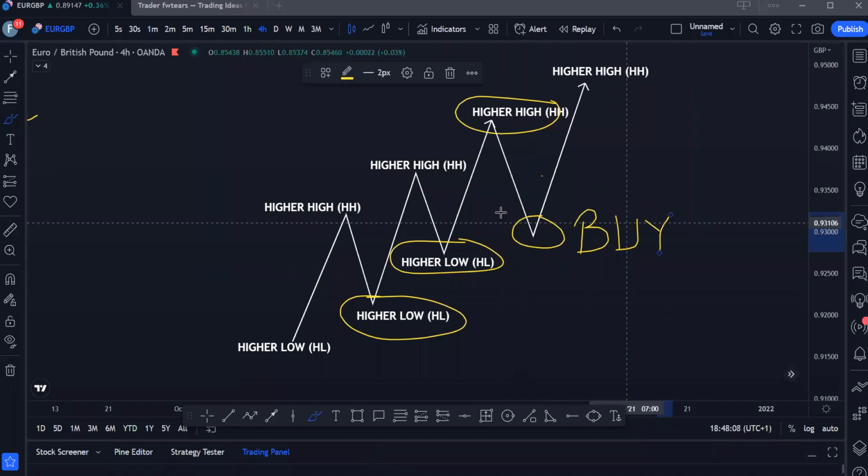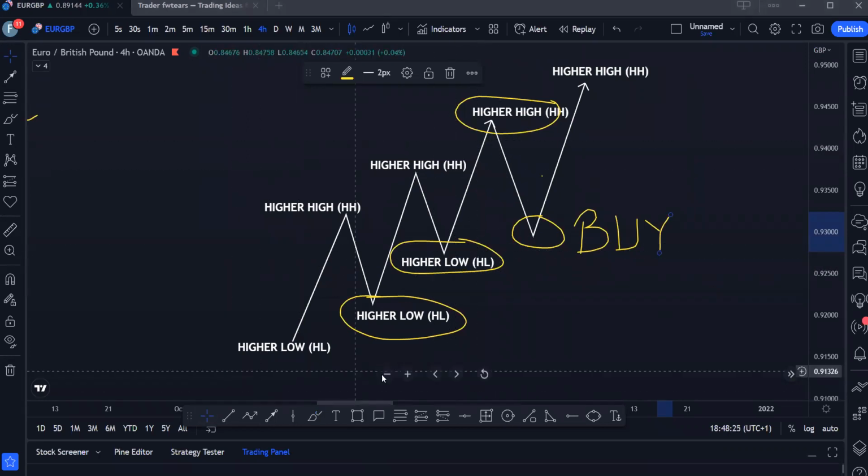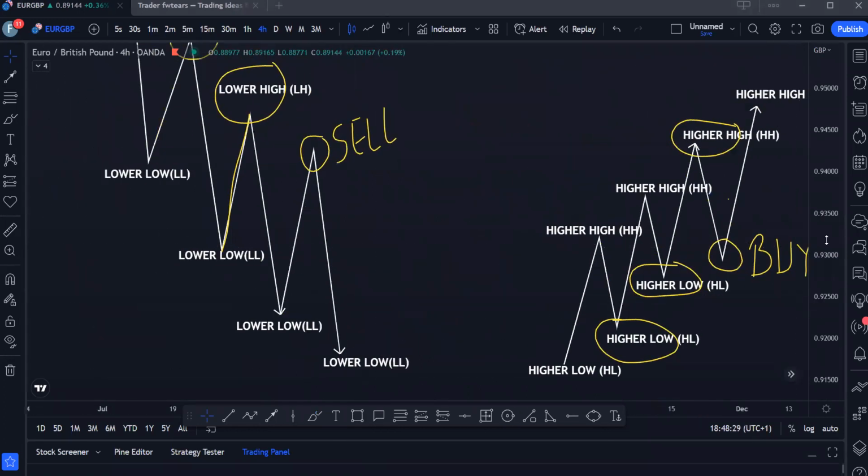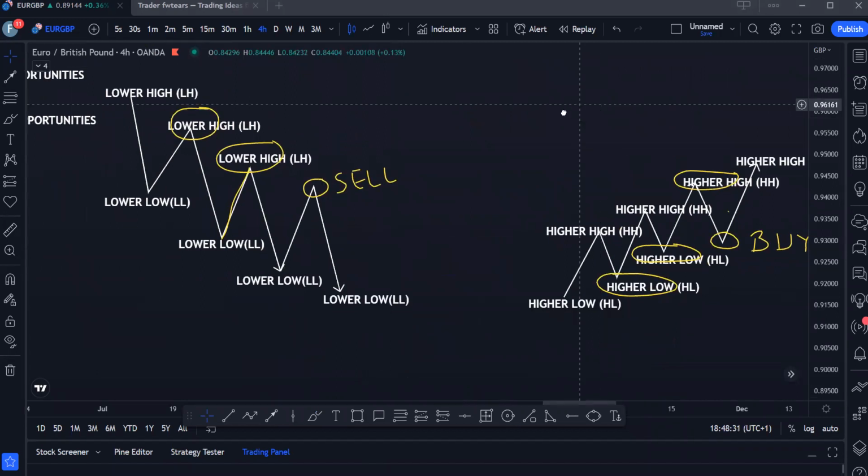Now, if you understand that you should buy in an uptrend, and then you should buy at a higher low in an uptrend, and then you should sell at where? Lower high in a downtrend.